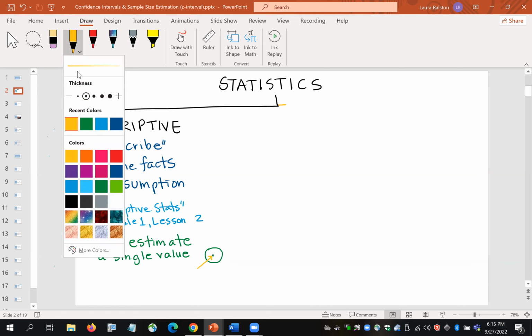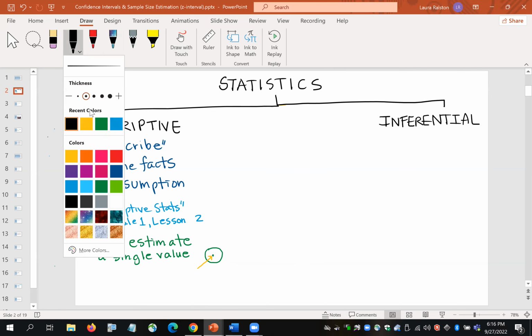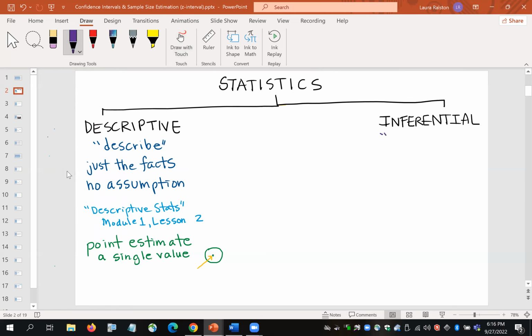The other branch of statistics that we learn about in Stat 1401 is inferential statistics. Inferential is the adjective form of the verb infer.